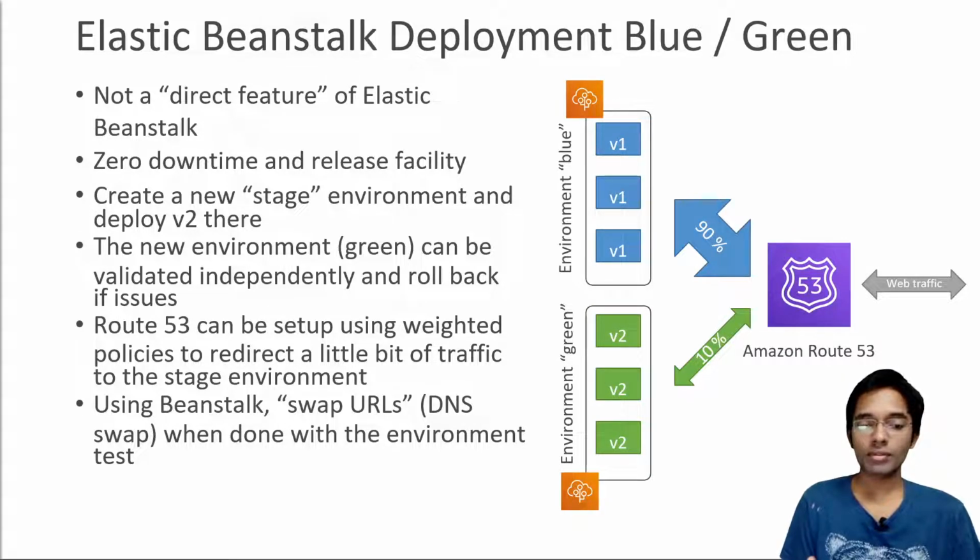The web traffic does DNS queries onto Route 53, and then maybe 90% of your traffic will be sent to your blue environment, and 10% of your traffic will be sent to your green environment, using a weighted routing policy in Route 53. And then you can shift the percentage over time, and when you are ready, you have effectively shifted all your traffic from your V1 to your V2, the green environment, and this is called the blue-green deployment.